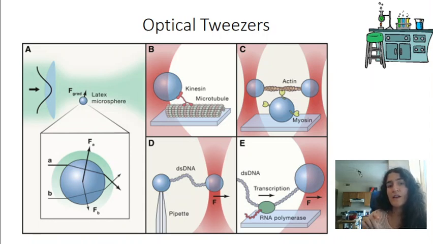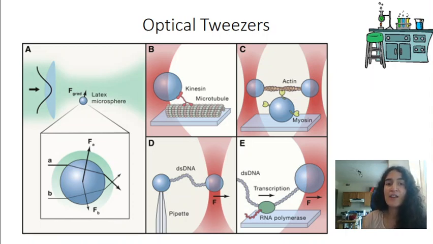This is how small packages get delivered in a cell: we have this network of microtubules, and a molecule called kinesin that acts as a delivery mechanism and walks along the microtubule.